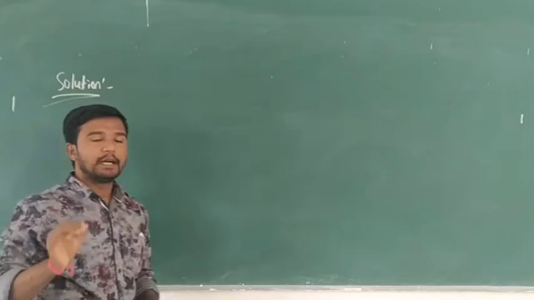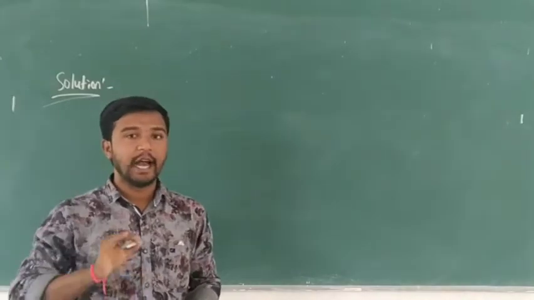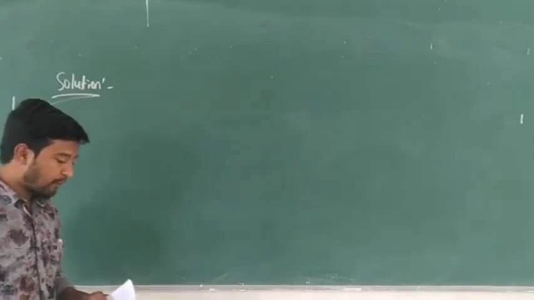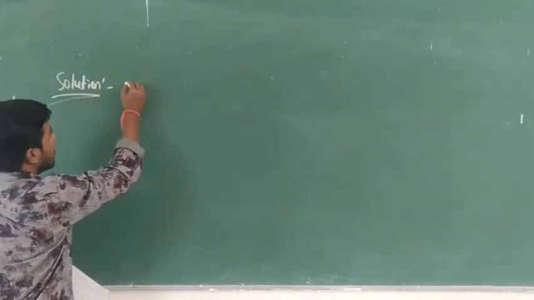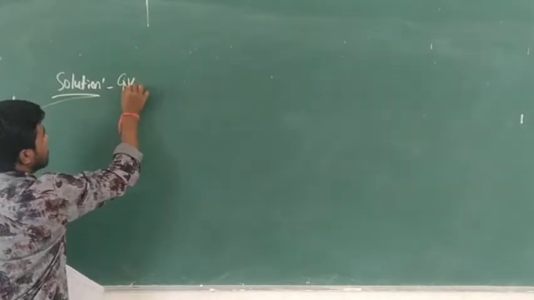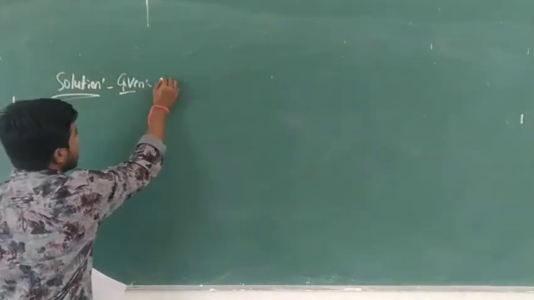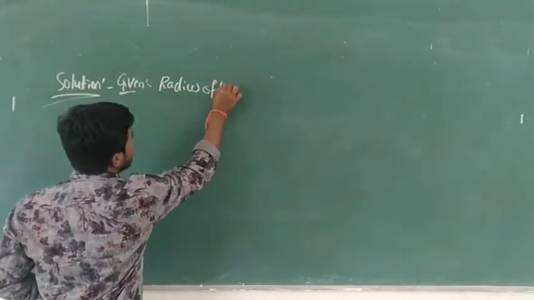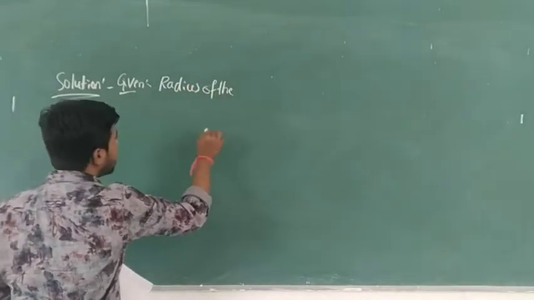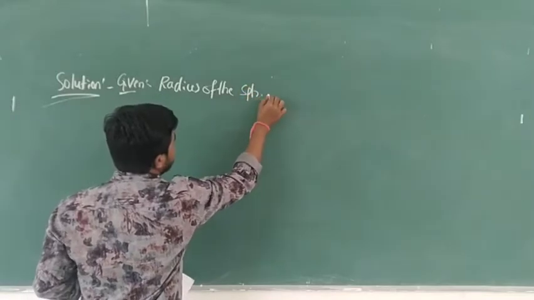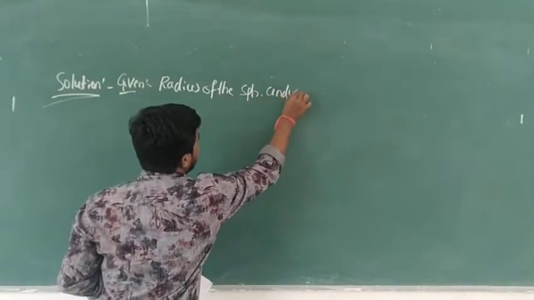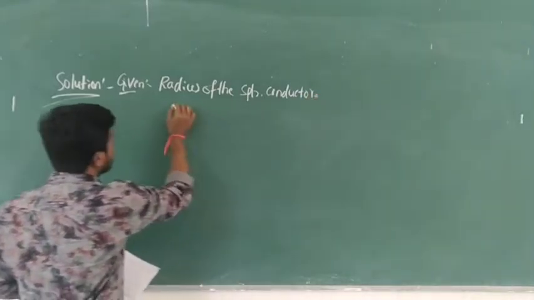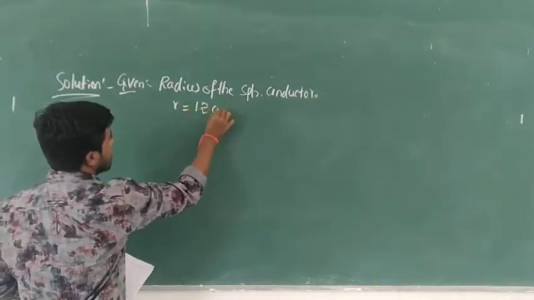Students, the question is very easy. So, solution. The first step is the given radius of the spherical conductor: R equal to 12 centimeter.